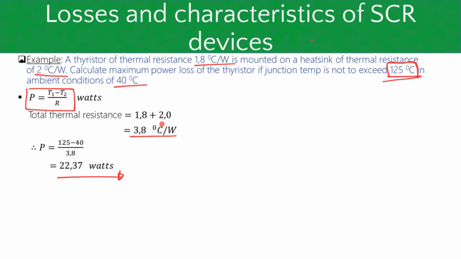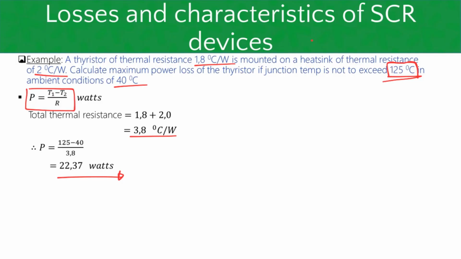Typically the junction for most semiconductor devices can handle up to 125 degrees C. Go over that, you will damage or destroy the component. So if you have a very fast rise in current, that's also going to coincide with a fast and very high rise in temperature.